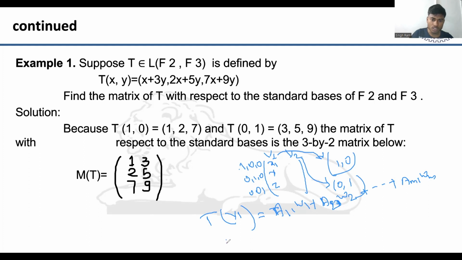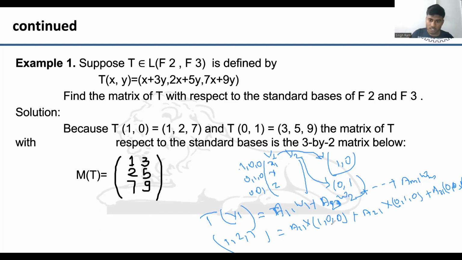Here we can see the transformation on v1, which is 1 2 7, that will be a11. The a11 we don't know, a11 into w1 is 1 0 0, right? Plus a21, we don't know, we will write the same as 0 1 0, and plus up to a31, we don't know, and this we will write as 0 0 1, right?